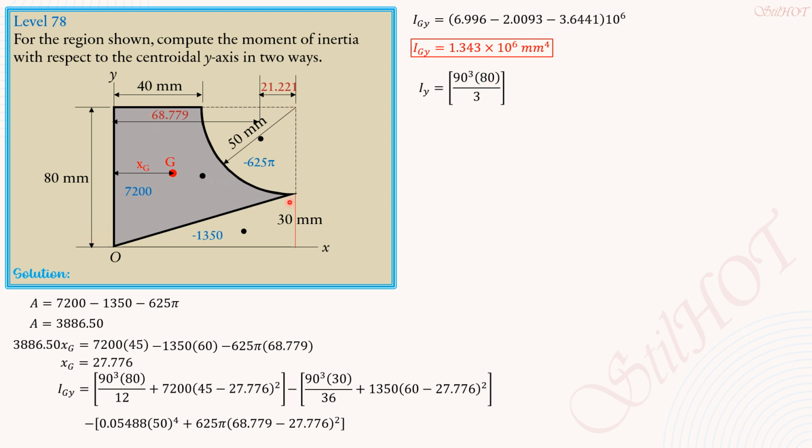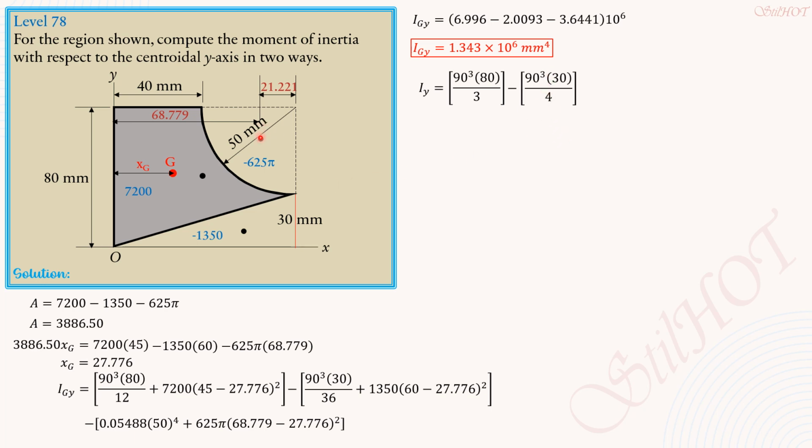For this triangle here, we have a direct formula for that. So minus 90 cubed times 30 over 4 with respect to this vertex of the triangle. Then if you cannot remember this, then apply the transfer formula, just like 90 cubed times 30 over 36 plus 1350 times 60 squared if you want. It will give us the same results.